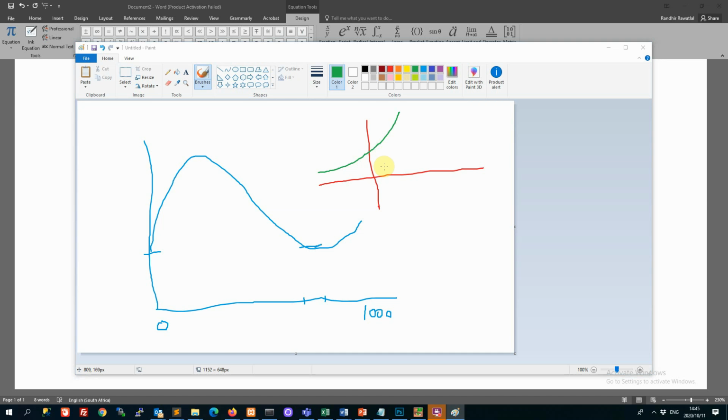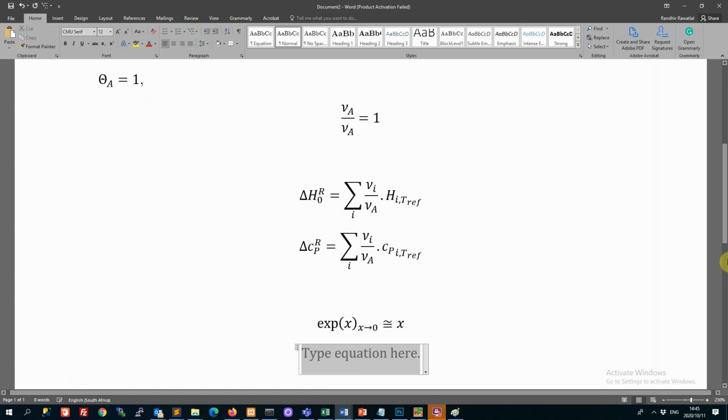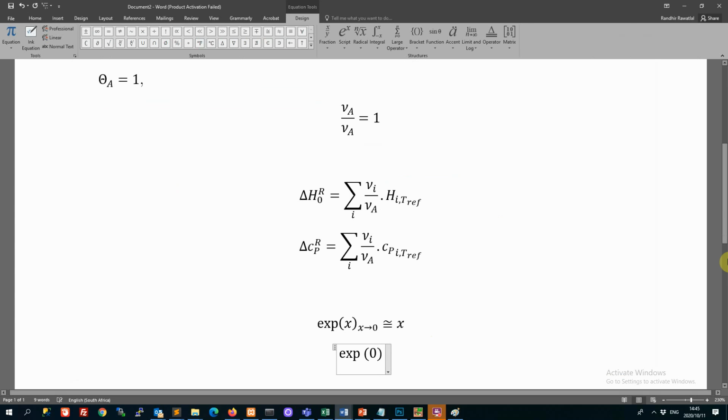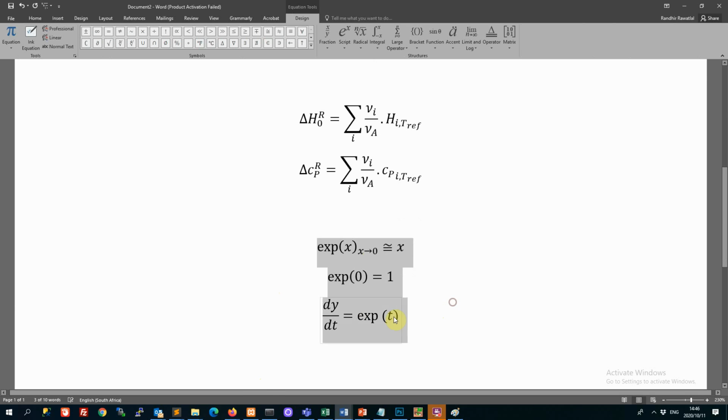So you can show mathematically, just quickly, you can just play around with this. So exp of 0 equals 1, and also the fact that the exponential function comes from dy/dt equals exp of t. Use these three together and you'll easily see that this is true. So as long as you stay close to 0, your gradient is 1, which means your exp of x is similar to 1 plus x.